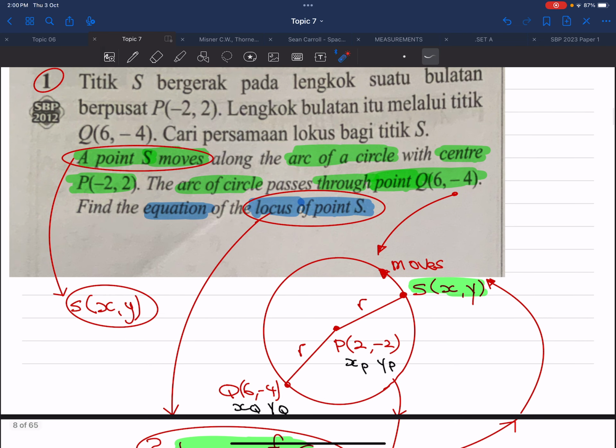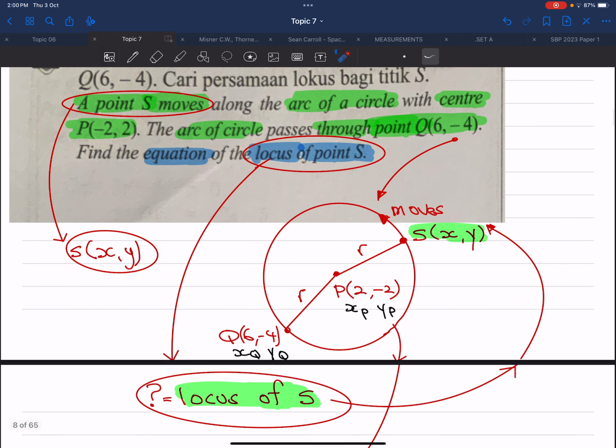Now when I've come until here, I'm going to collect what is given: a point S, arc of a circle, the center P, arc of a circle passing through Q. I'm going to collect this in a diagram.